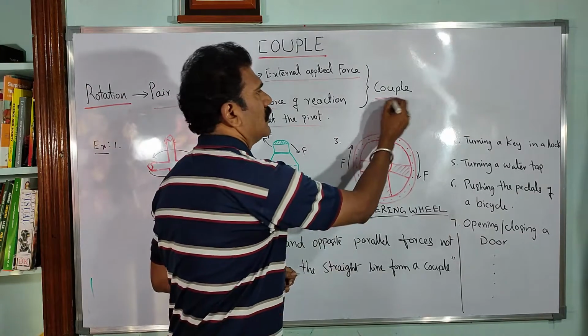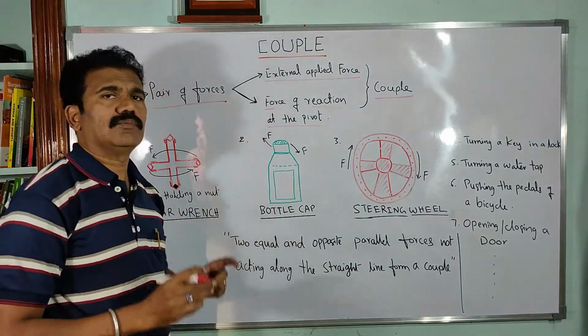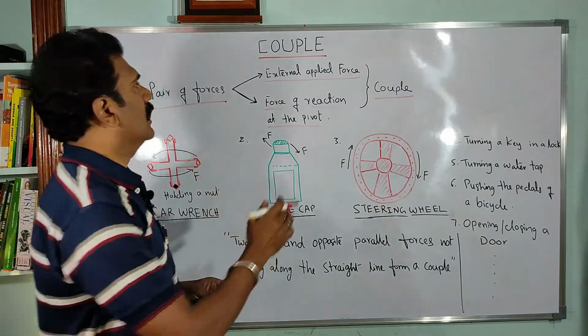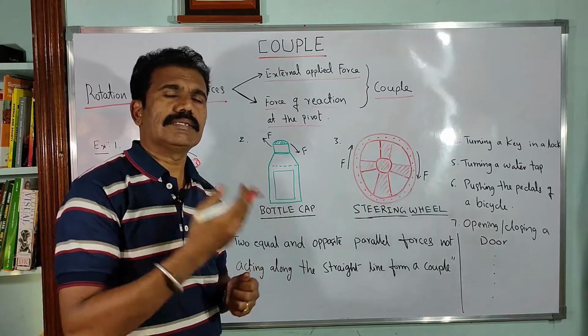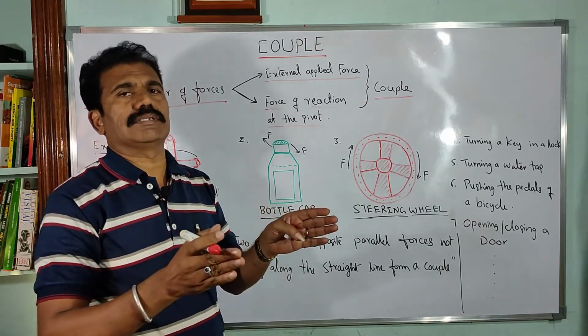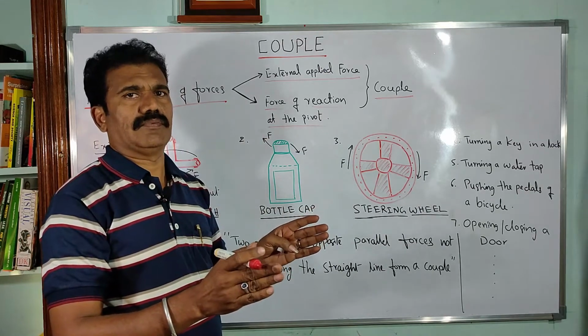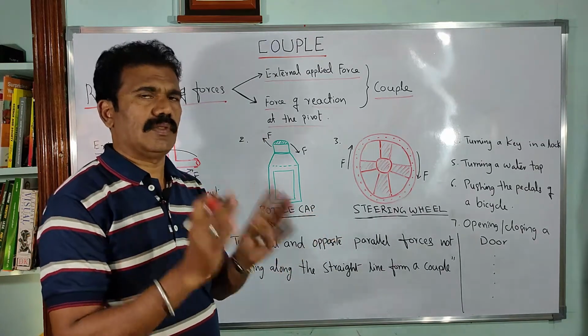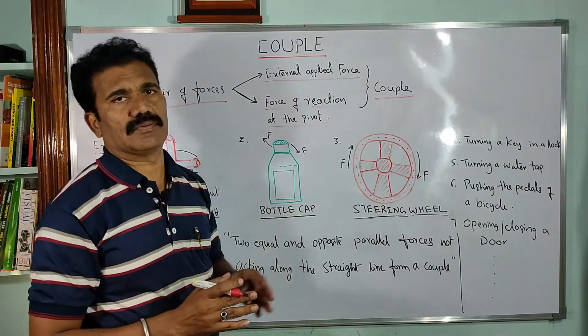When you calculate the moment of force, we always consider the external force applied, multiplied by the perpendicular distance between the pivot and the point of application of the force. That product gives you the moment of force for the external applied force.